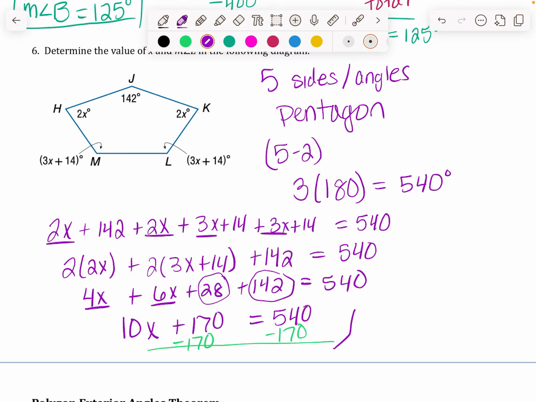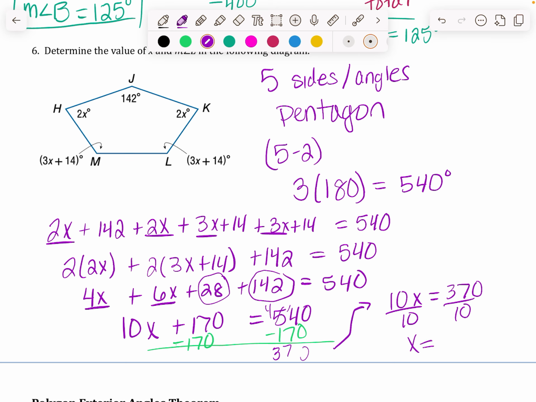Going to end up with 10x equals 370. 540 minus 170. Just double check my math there. Yes. And then divide by 10.